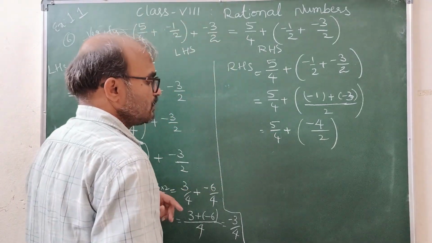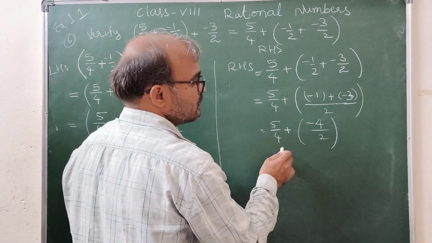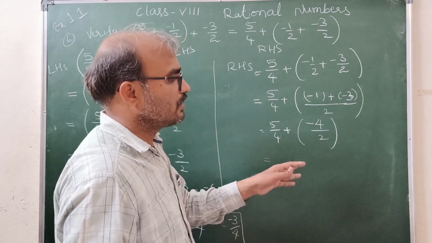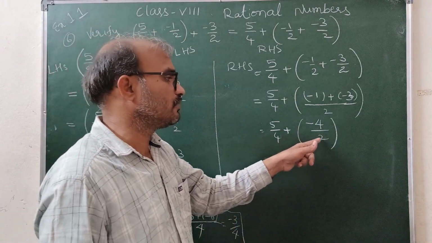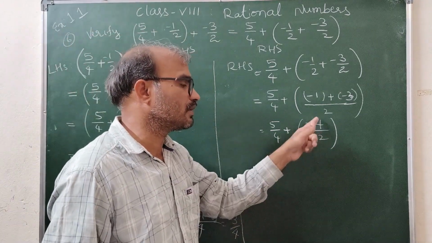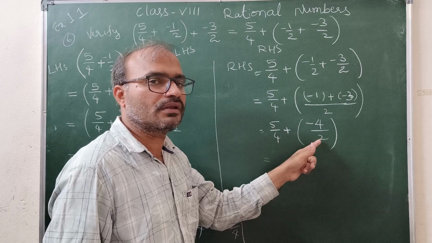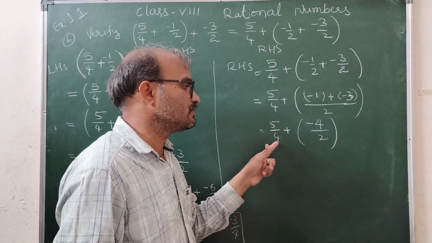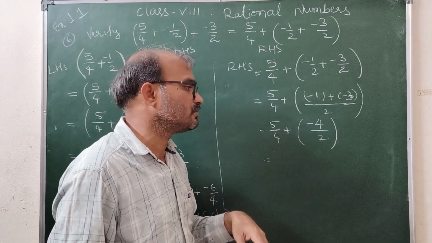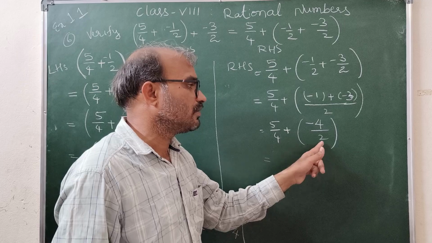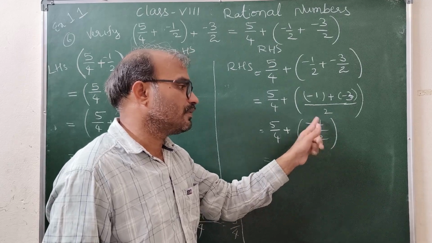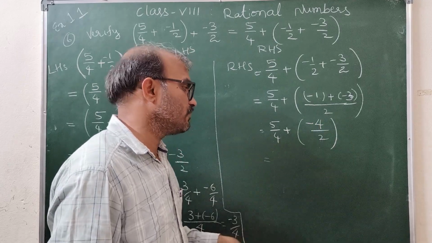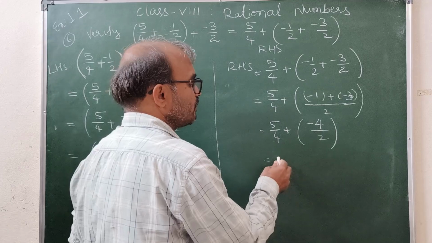Right? Again what I will do here is minus 4 by 2. It's up to you whether you cut here, 2 ones, 2 ones, 2 twos. You can divide with the common factor here. But here there is denominator 4. Here the denominator is 2. This is a fraction, and you will get a whole number here. And again you may get confused. So what you do, instead of dividing, you multiply.